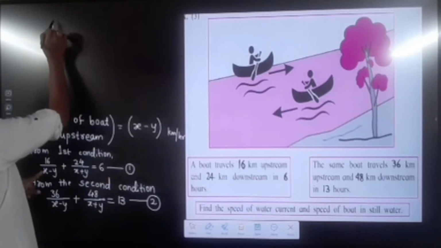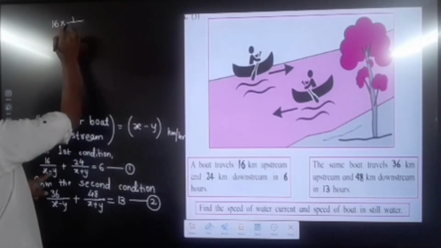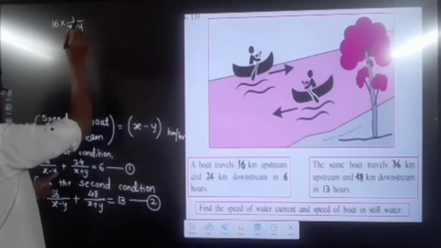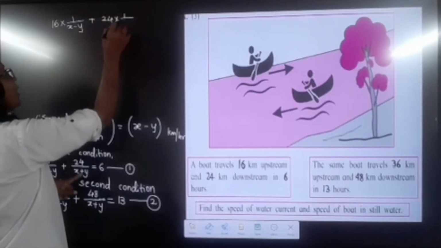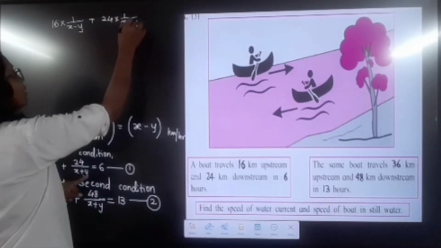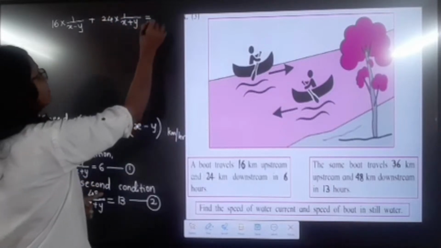So split 16 into 1 upon x minus y plus 24 into 1 upon x plus y is equal to 6.